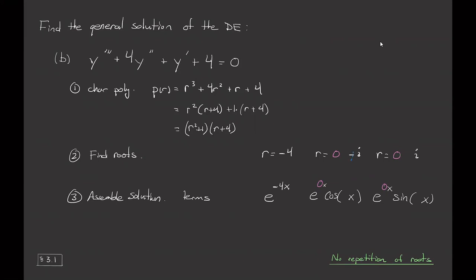Let me space that a bit. So it's negative 1 times i plus 1 times i. And that 1 is what goes here. Of course, this simplifies quite a bit. This is just cosine of x. This is just sine of x. But so that you can see the structure of how the complex number gets converted into these terms.